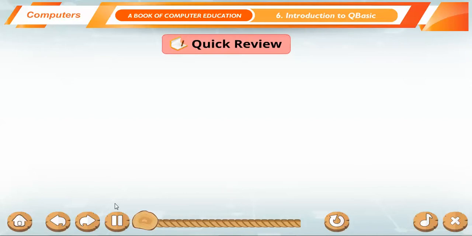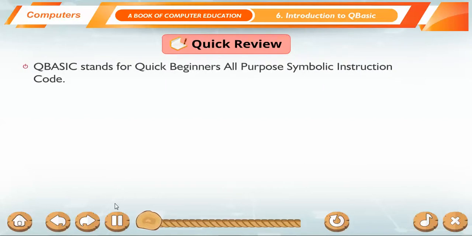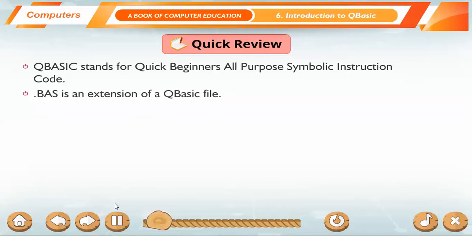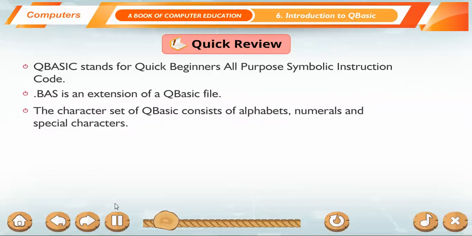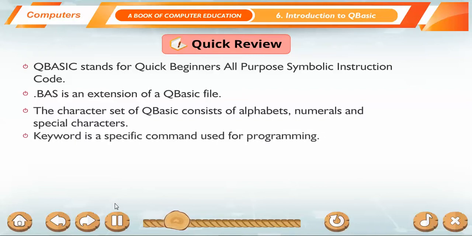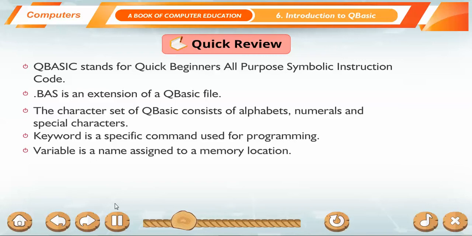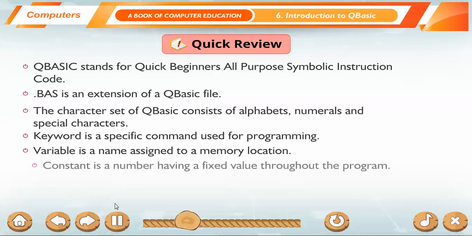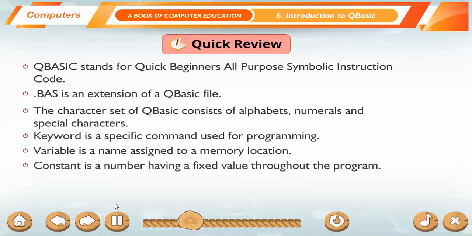Quick review. QBasic stands for Quick Beginner's All-Purpose Symbolic Instruction Code. .bas is an extension of a QBasic file. The character set of QBasic consists of alphabets, numerals, and special characters. Keyword is a specific command used for programming. Variable is a name assigned to a memory location. Constant is a number having a fixed value throughout the program.